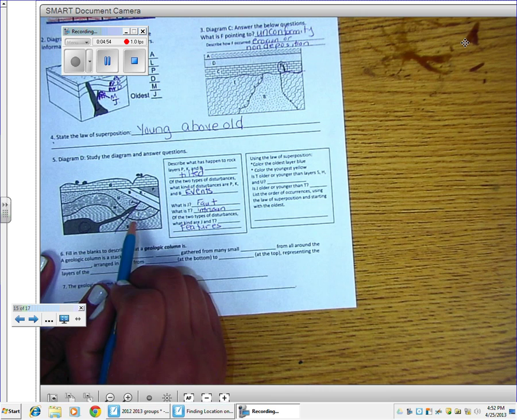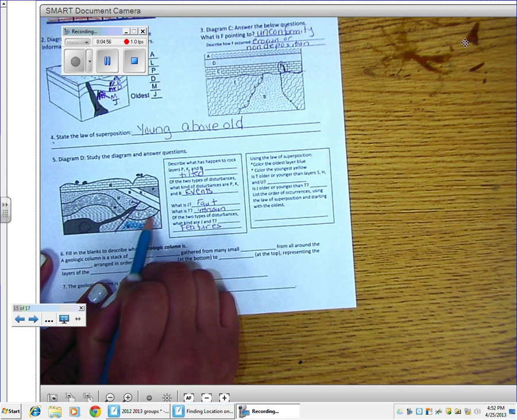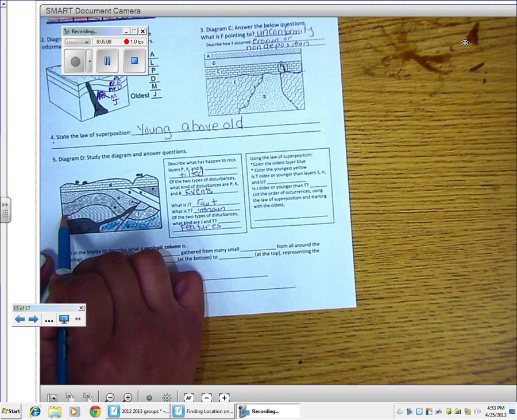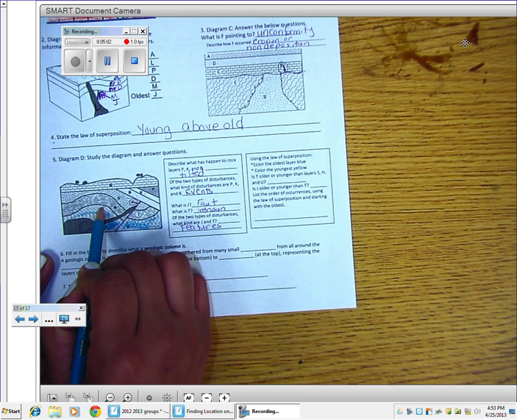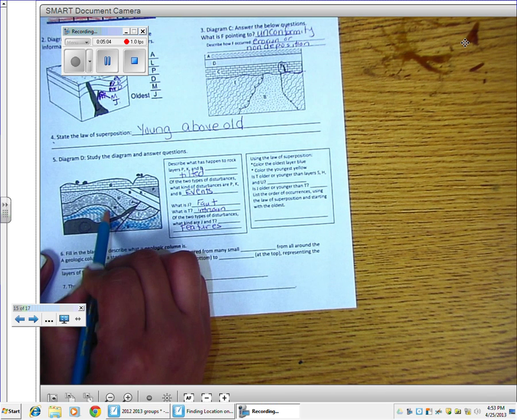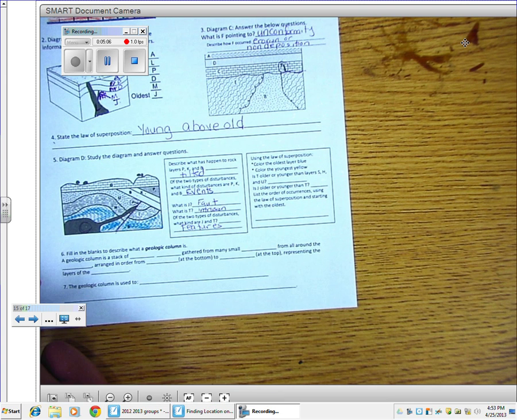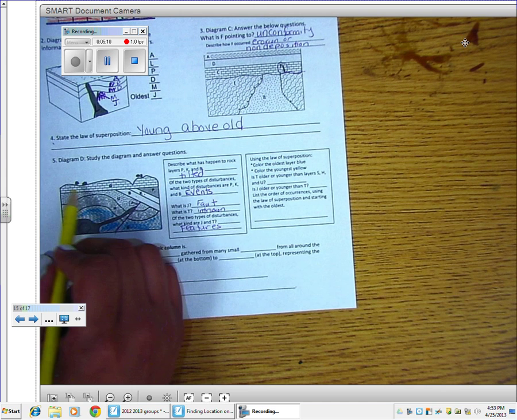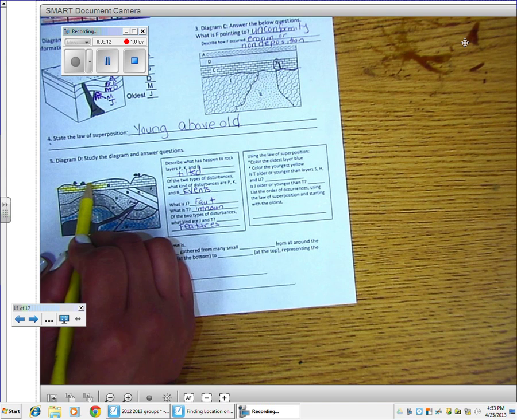Oldest layer would be layer S. So this should be what's blue. Color the youngest layer yellow. The youngest layer is G.